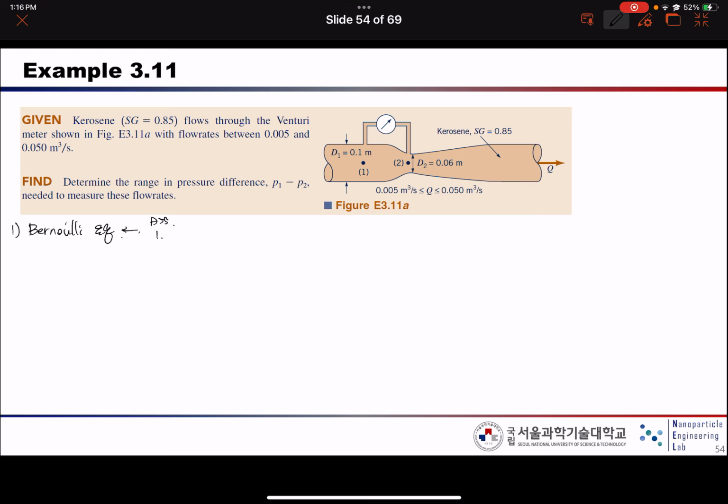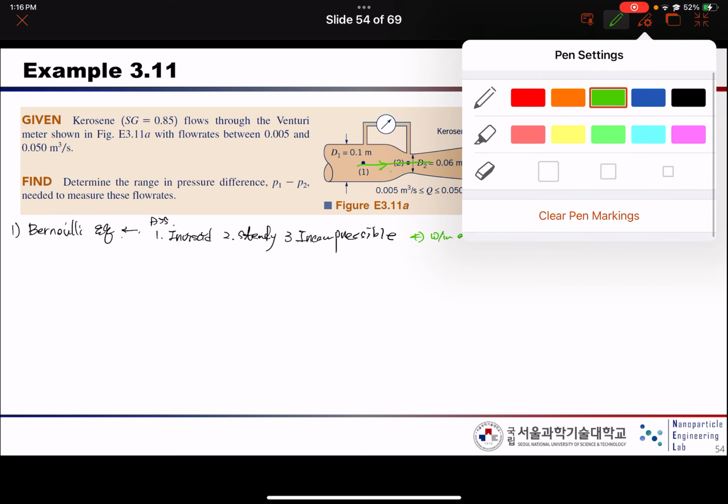The first assumption is inviscid, steady, and incompressible, and this is along a streamline.